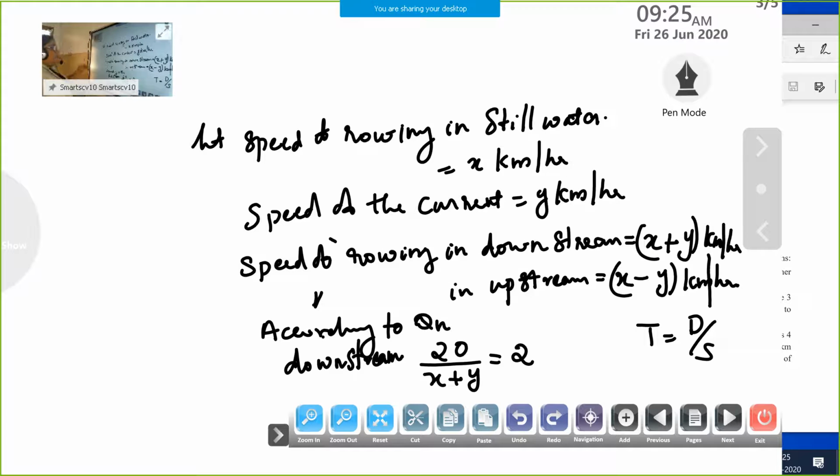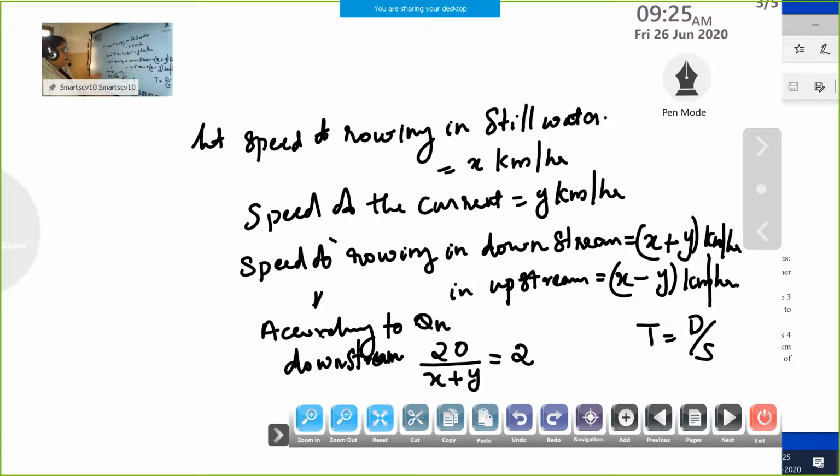Listen, we suppose that the speed in still water is x kilometers per hour and speed of the current is y kilometers per hour. The speed of rowing downstream, if there is a flow in the same direction, that means x plus y. In the opposite direction, that is upstream, it is x minus y.